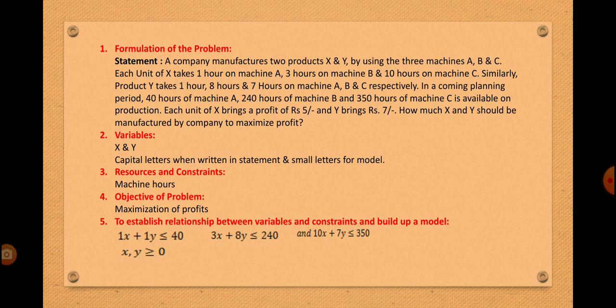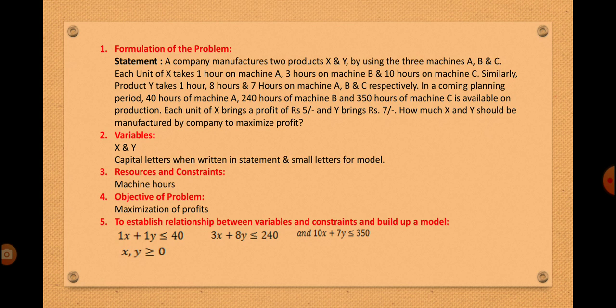Now, what are resources and constraints? We understand from the statement that there are three machines A, B and C on which the products are to be manufactured. These machines are known as resources. The capacity of a machine in terms of machine hours available is the available resource.